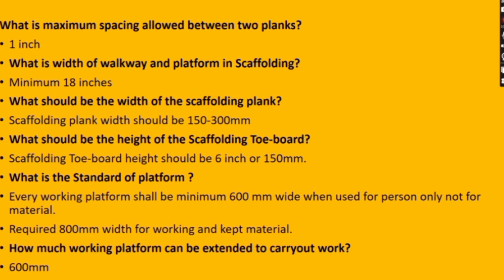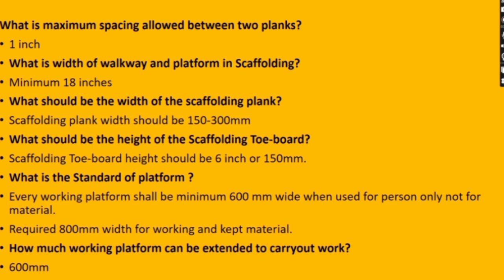What is the standard of platform? Every working platform shall be minimum 600 mm wide when used for person only, not for material. Required 800 mm width for working and keeping material.